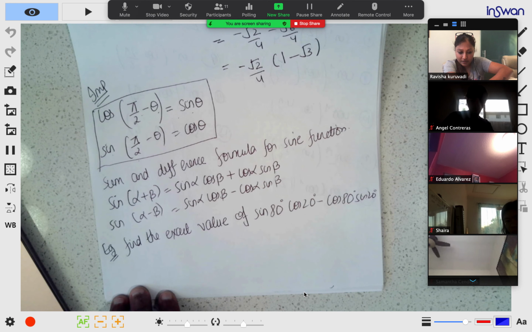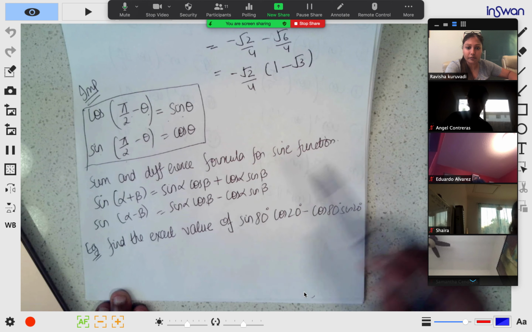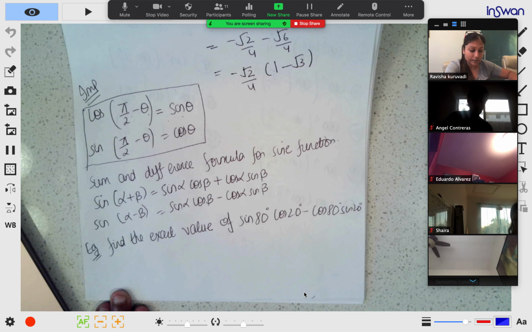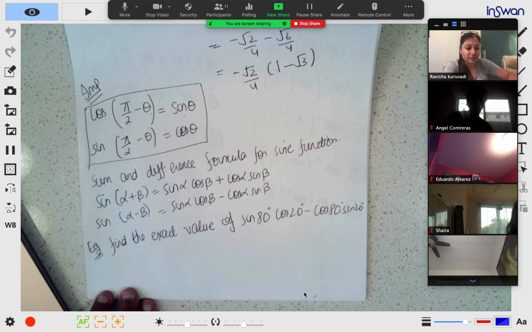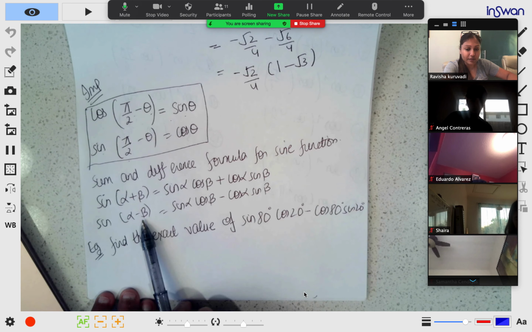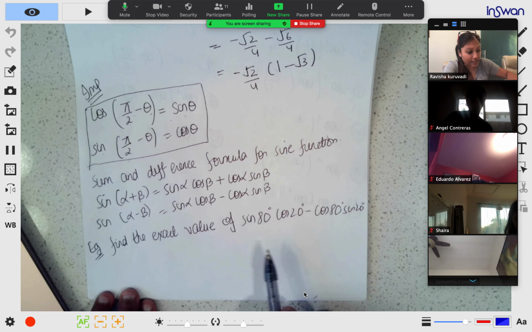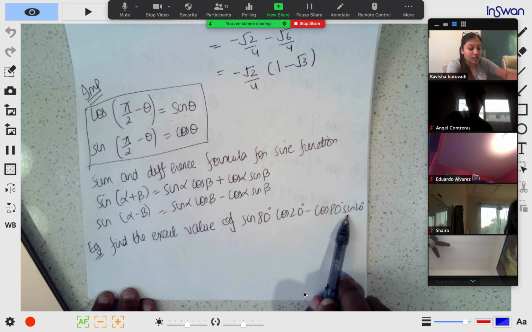Okay. So, Jelena, does this formula look like something? Any of the formulas we have done before? It looks like the sine alpha minus beta. Yeah, sine alpha minus beta. Because there is a minus sign and then we have sine, cosine, minus cosine, sine, that means it looks like this formula. So, what does it become?